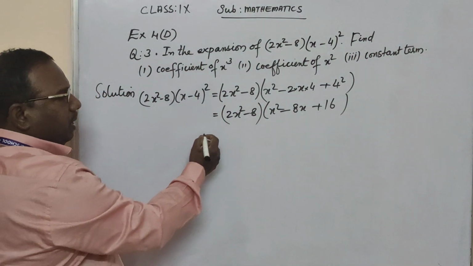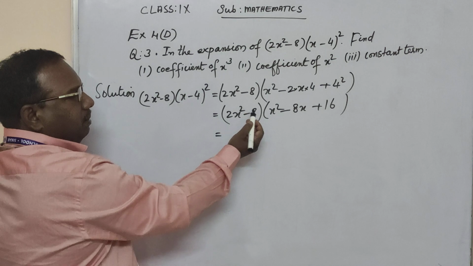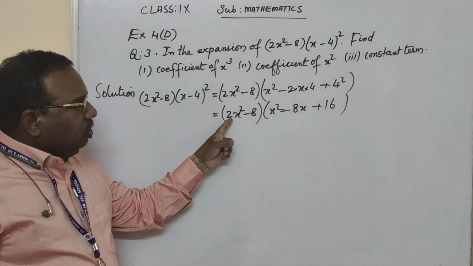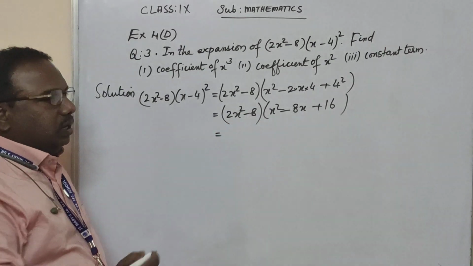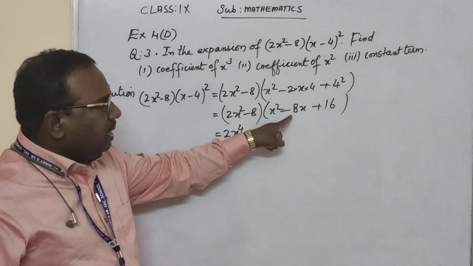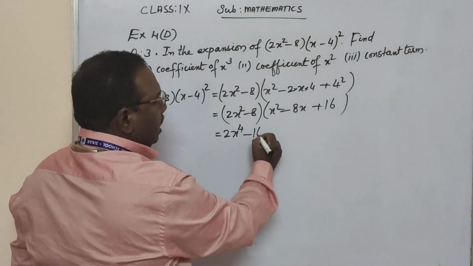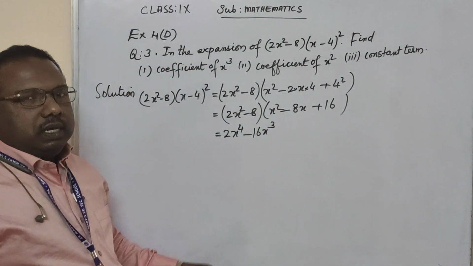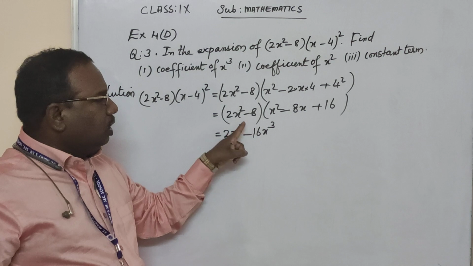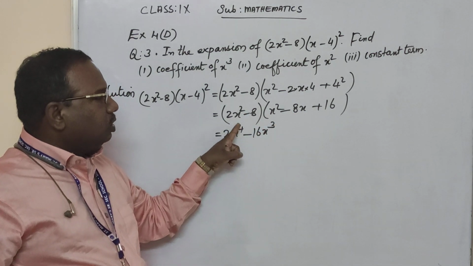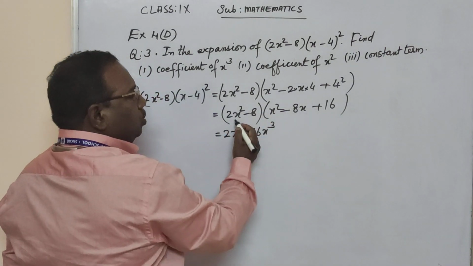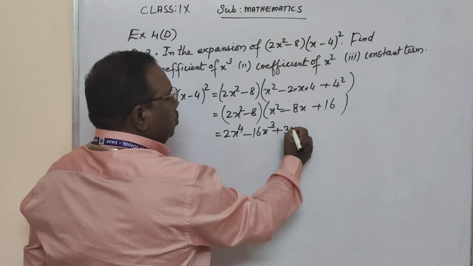Again we have to remove the bracket by multiplying each term by 2x². 2x² into x², look carefully, 2x⁴. Again 2x² into −8x, −16x³. How do you get x³? This x² into x, x² into x is x³, 2 into 8 is 16, so −16x³. Again this 2x² into 16, 2 into 16, plus 32x².